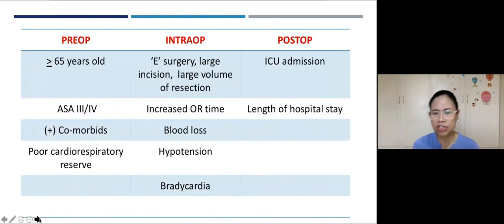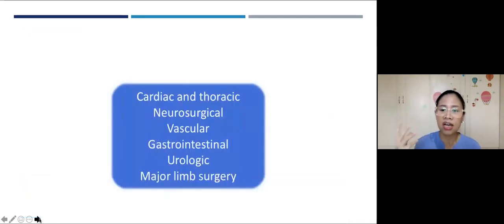So when a surgery is an emergency procedure, if it had an increased OR time with significant blood loss, if the patient had hypotension or bradycardia intraoperatively, if the patient required ICU admission or a long hospital stay, these all contributed to the operation being high risk. Okay, and this is the list of procedures that the authors came up with that they tagged as high risk.